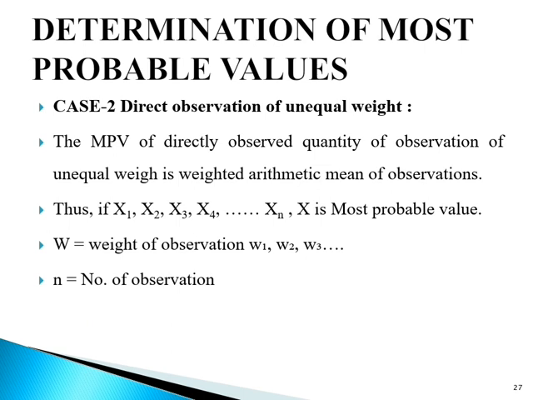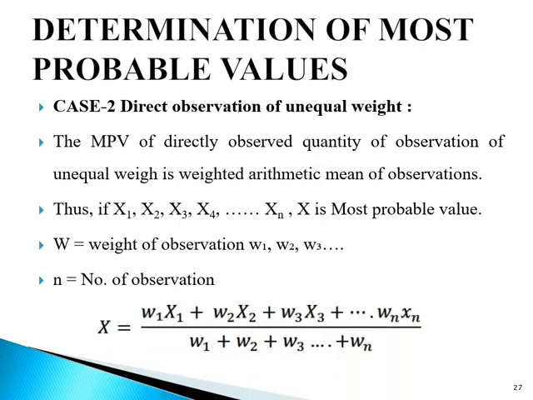Thus, if x1, x2, x3 up to xn are the observed values of a quantity, w1, w2, w3 up to wn are their weights, x is the most probable value of this quantity, and small n is the number of observations, our equation will be x = (w1x1 + w2x2 + w3x3 + ... + wnxn) / (w1 + w2 + w3 + ... + wn).